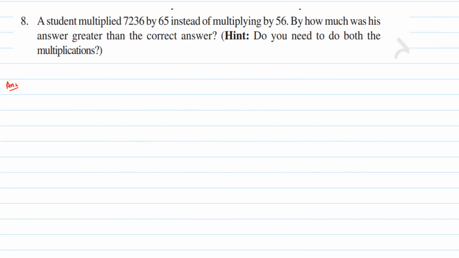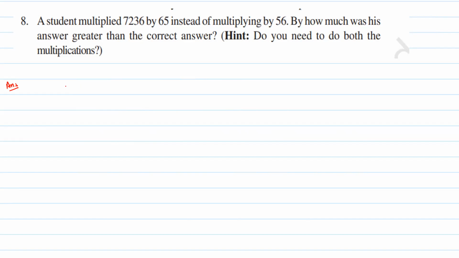Coming to the 8th question. A student multiplied 7236 by 65 instead of multiplying by 56. By how much was his answer greater than the correct? Hint is, do you need to do both the multiplications? Because it is giving us the hint, we will not do the multiplication here.